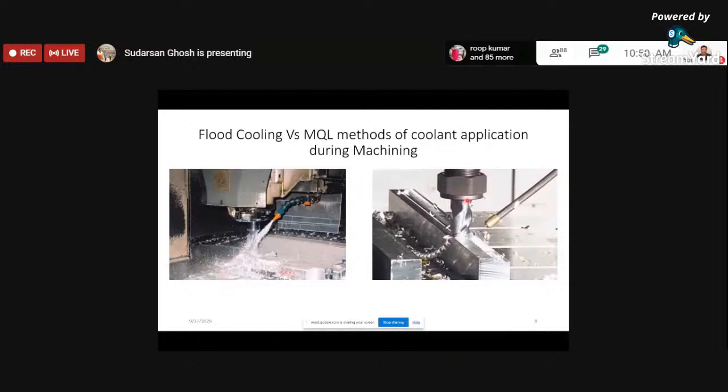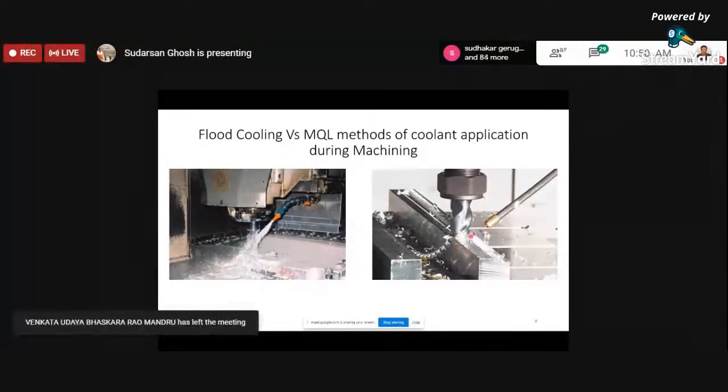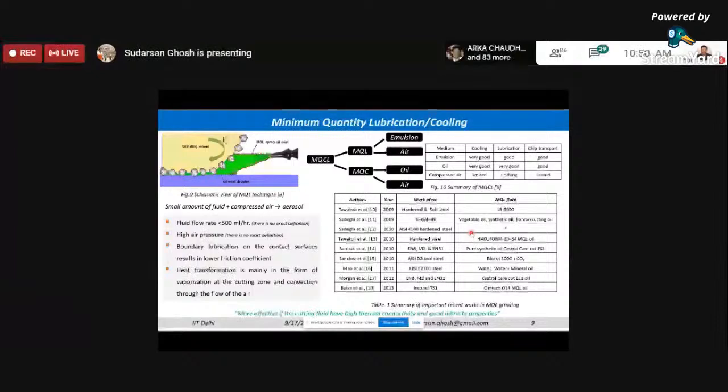On the right hand side, this is the minimum quantity lubrication process. Here you can see a nozzle, and through this nozzle a mist of coolant comes out, and it is equally effective in removing the heat. The advantage is that the amount of cutting fluid you are using is very, very minimal. So let us see how this minimum quantity lubrication acts.